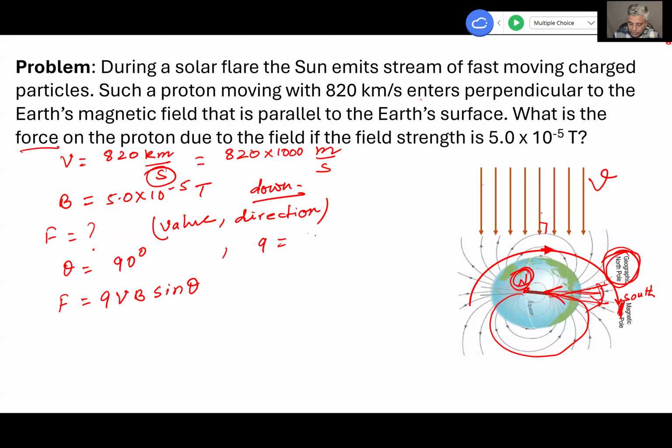Q is the proton's charge, which is positive e, 1.6 times 10 to the power negative 19 coulomb. So now we can plug in all these and get some ugly numbers here.